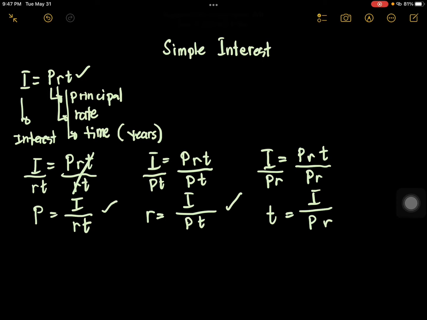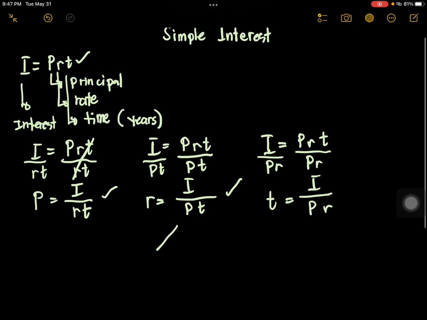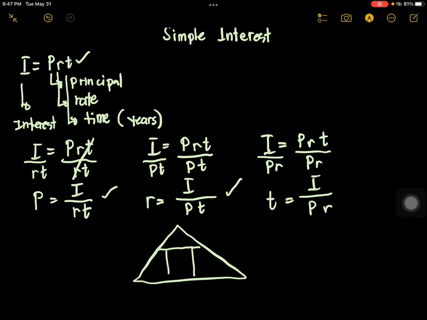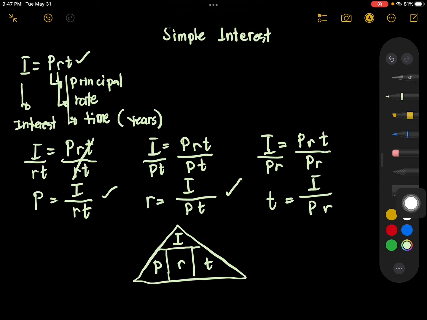Okay. Or you may use this technique. So we have I is PRT. If you're looking for I, you just simply multiply, right? Now if you are looking for P, this one signifies division.